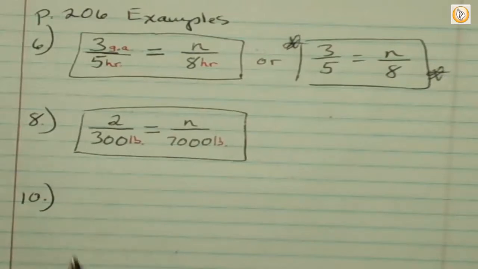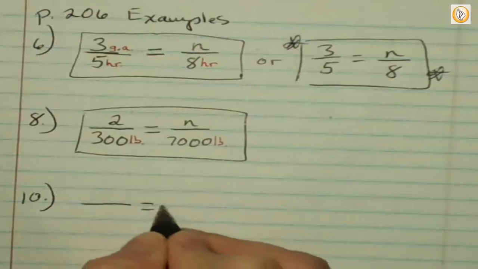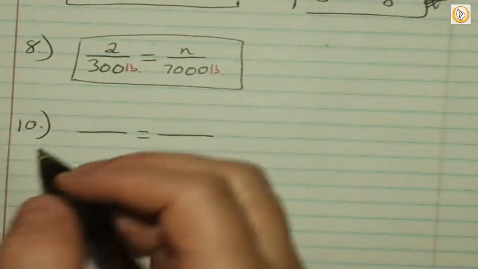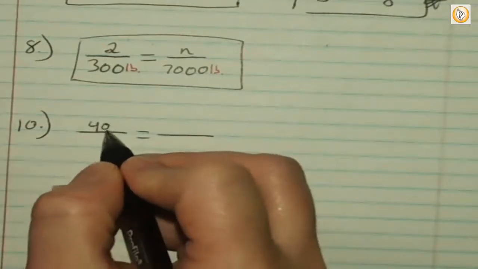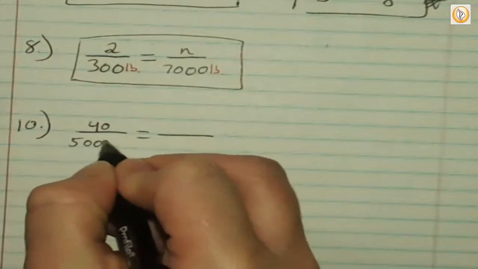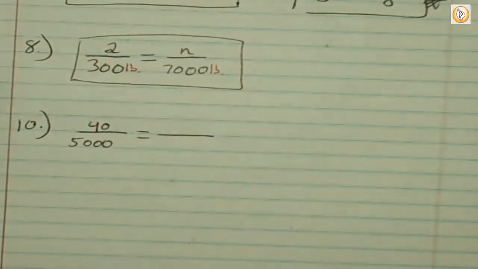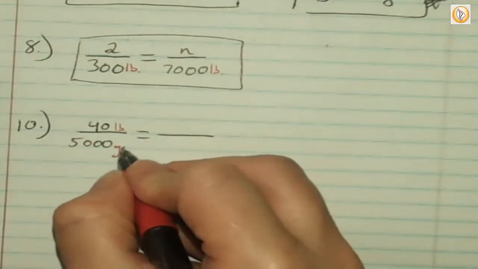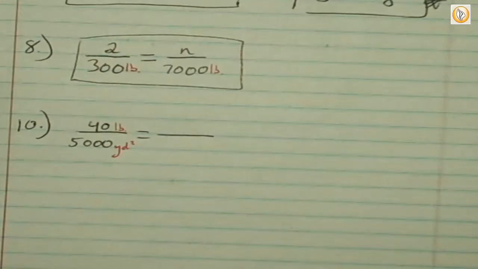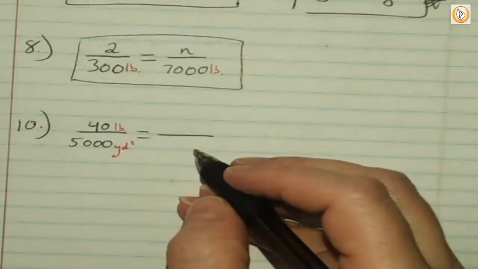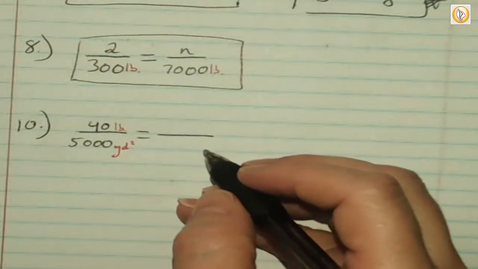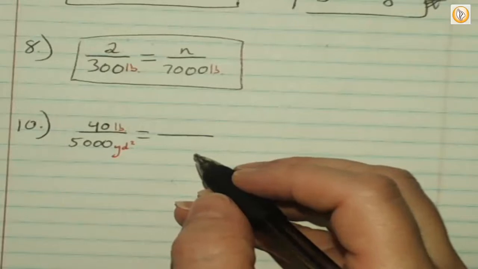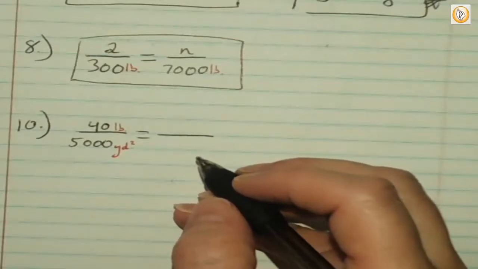All right, so how would I set up my proportion? 40 over 40 pounds, because we're going right as it's written, over 5,000. So it's 40 pounds over 5,000 yards squared. Okay, so what would I put over here? They said how many yards squared could be received with 225 pounds?